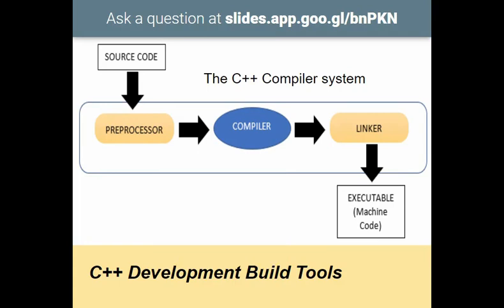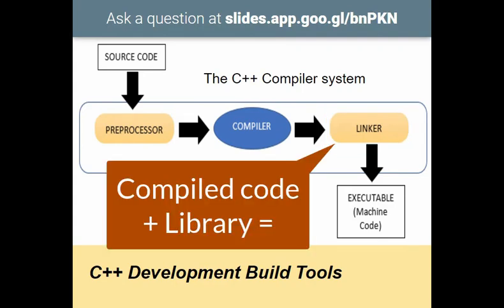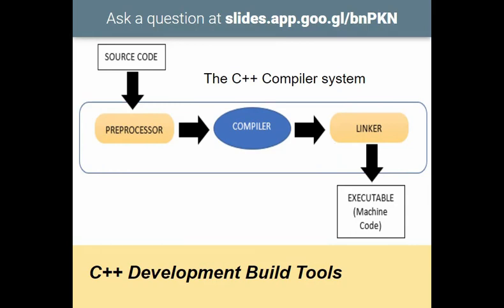Once it is stored in the repository, this is what we call the library. So a program called the linker combines the programmer's compiled code and the library code to make a complete program.